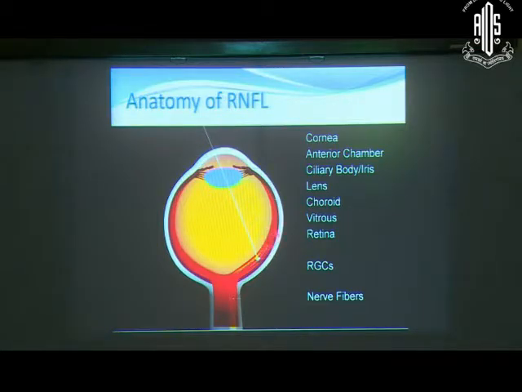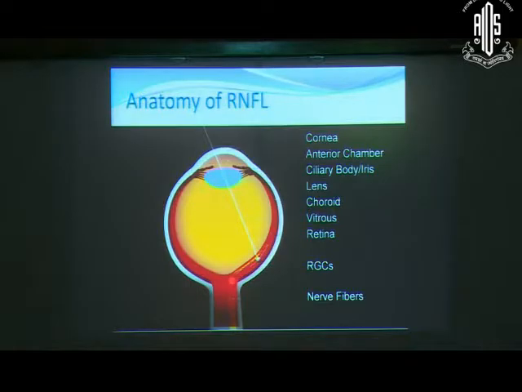The inner layer of the retina, the neuronal cells, are moving towards the optic nerve in the form of bundles. The most outer RNFL constitutes the outer part of the disc, and the inner RNFL, which is from the arcuate area and the macular area, constitutes the inner part of the optic nerve or the neuroretinal rim.